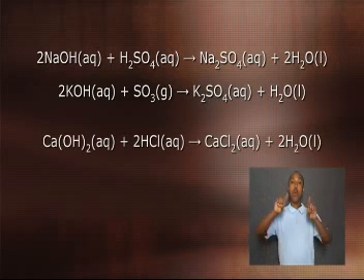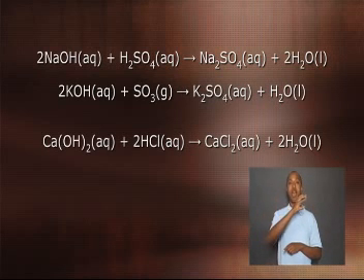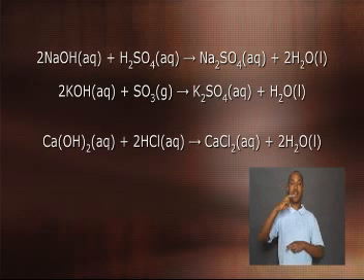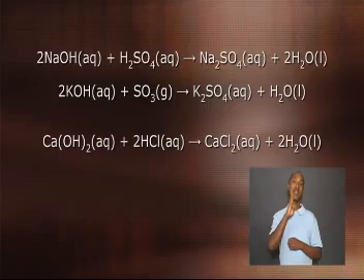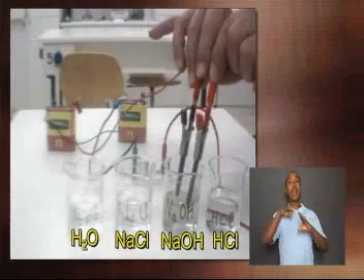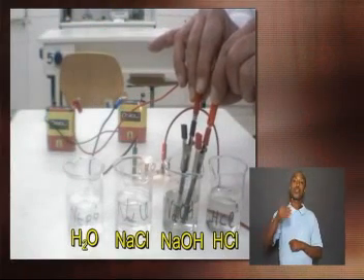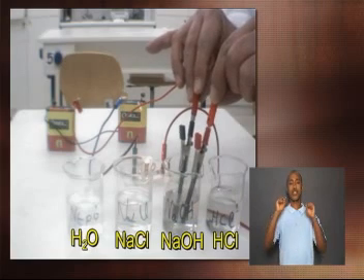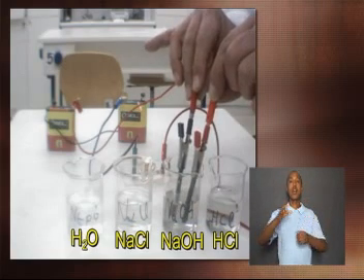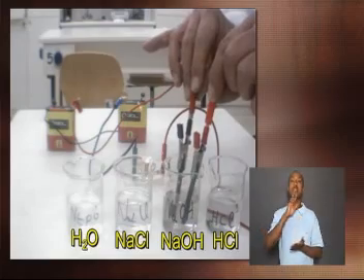When calcium hydroxide and hydrochloric acid react, calcium chloride and water are produced. One last property of bases is that they conduct electricity when they are in aqueous solutions. Solutions of strong bases are strong conductors, and solutions of weak bases are weak conductors.